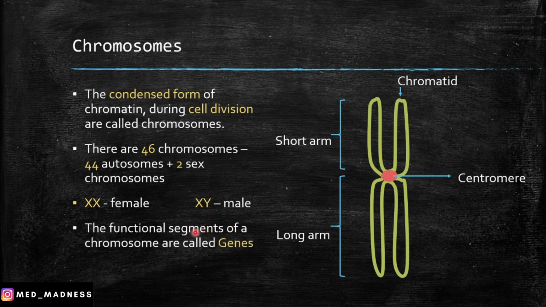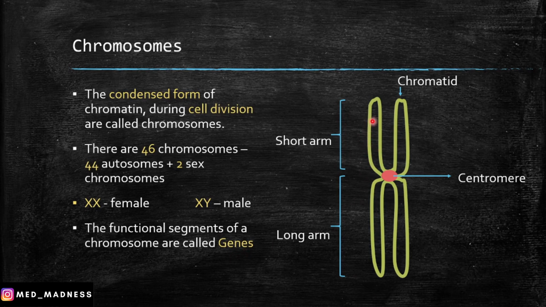And the functional segments of a chromosome are called genes. Remember, we have 2 meters long DNA and all the parts of DNA are not functioning. This means that we have functional segments as well as non-functional segments. And the functional segments of a DNA are called the genes.